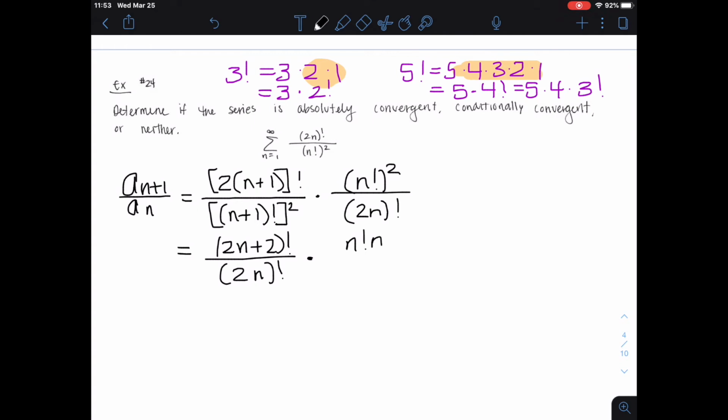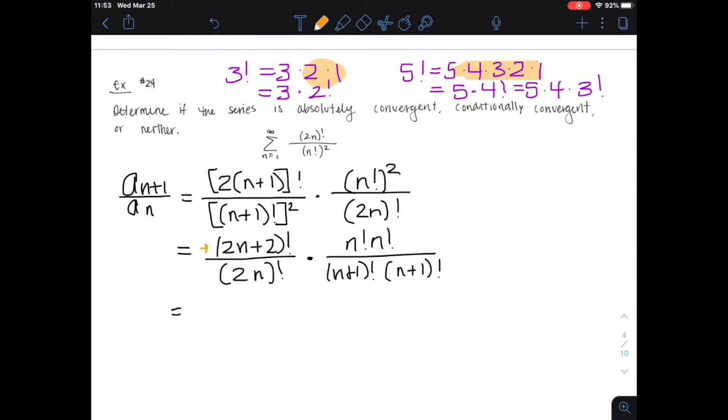So that's n factorial times n factorial. And in the bottom, the ones that are like are the ((n plus 1) factorial) squared. So you get (n plus 1) factorial times (n plus 1) factorial. Okay? So what I'm going to do is work with the factorial that's bigger.